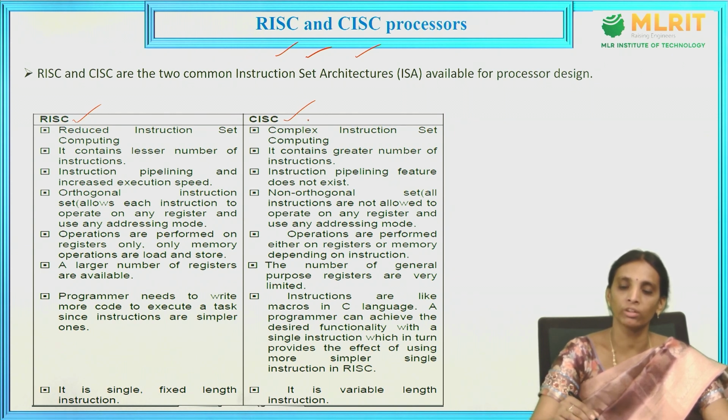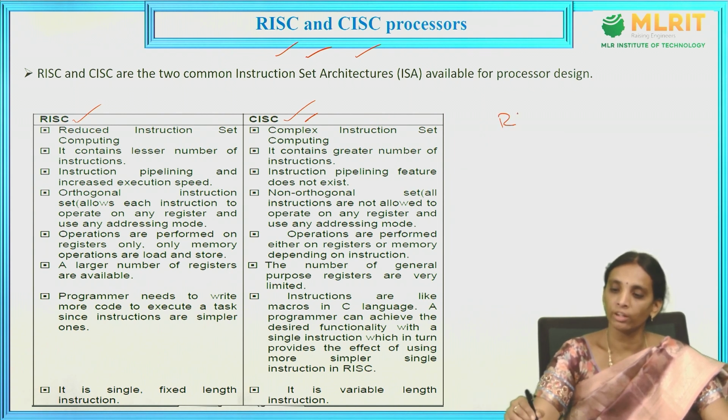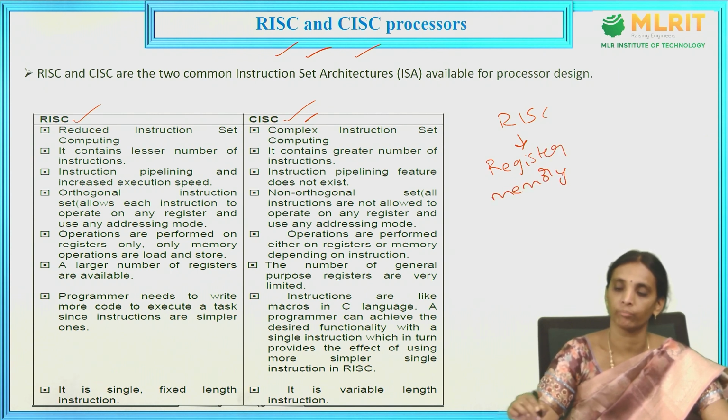In the complex instruction set computer, there are more instructions. In RISC processors, we use separate instructions for register transfer and separate instructions for memory transfer.